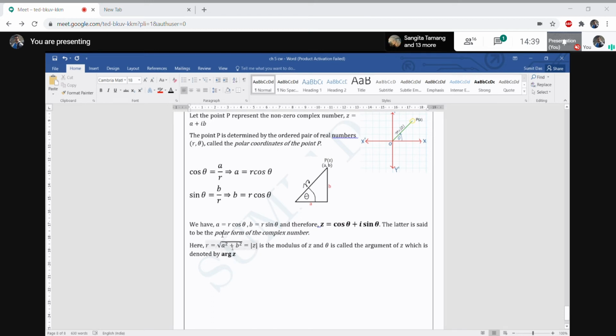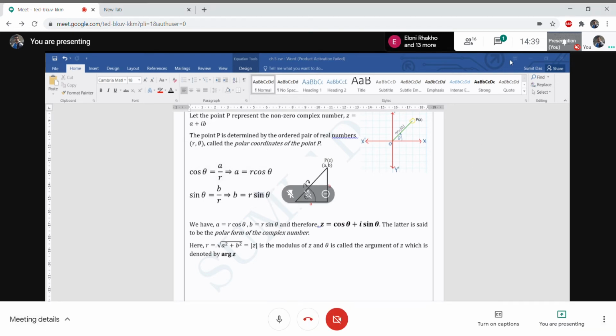r is the square root of a square plus b square. If you're having doubt, you just do one thing: square and add these two. On the left hand side it will be a square plus b square, and on the right hand side it will be r square cos square theta plus r square sin square theta.